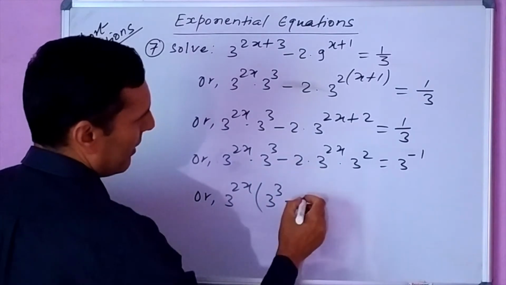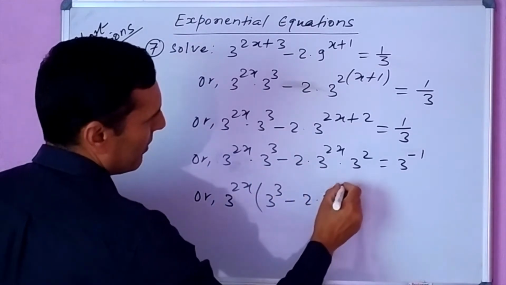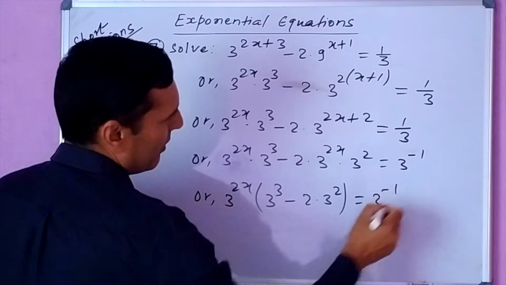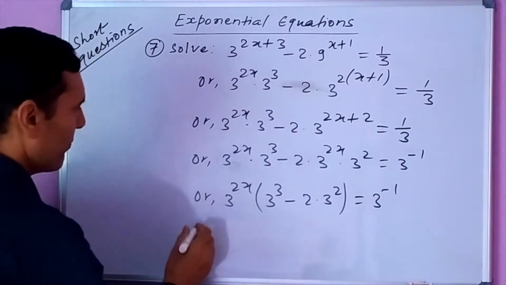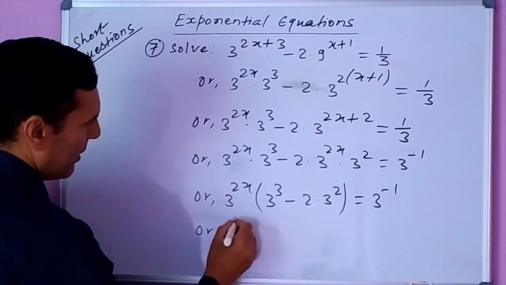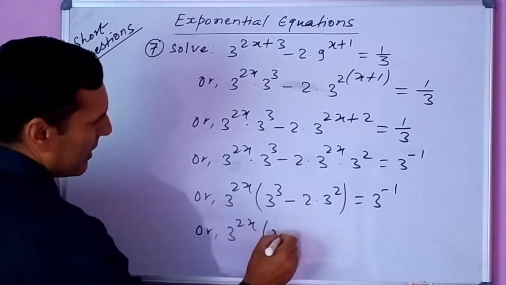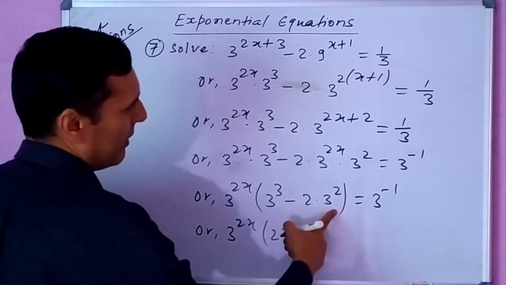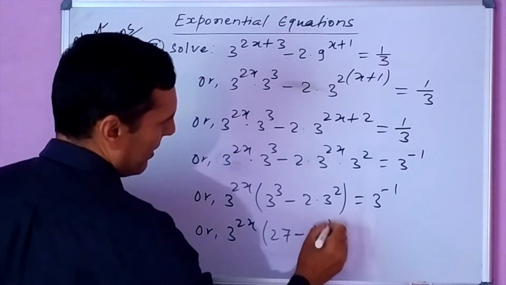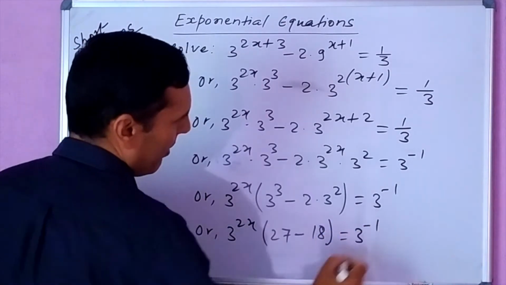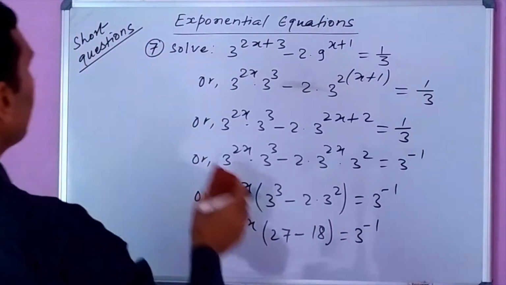And in the second term 2 into 3 square is 18. So 27 minus 18 is equal to 3 to the power minus 1.